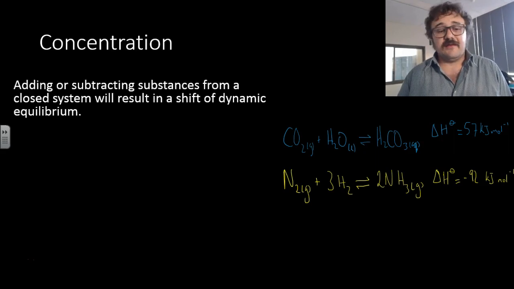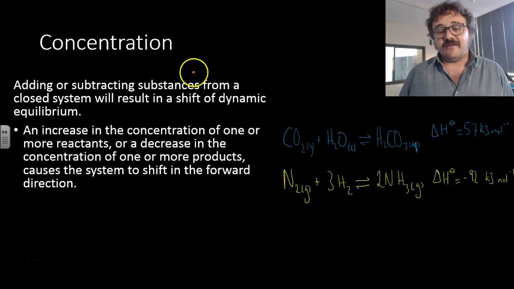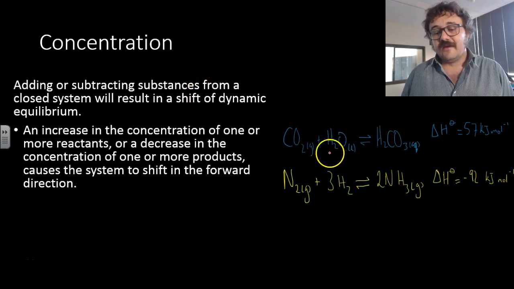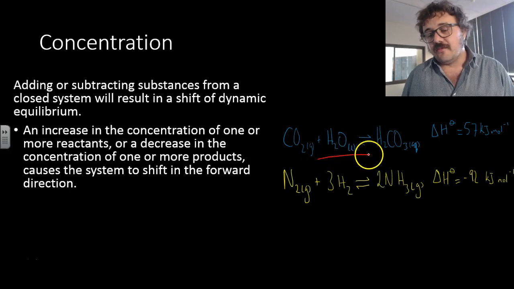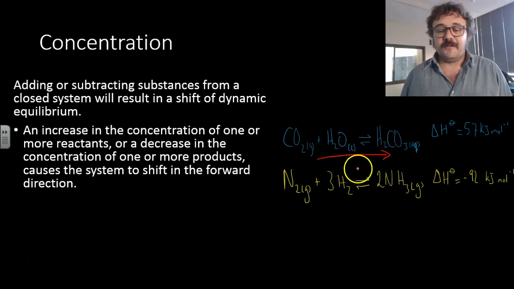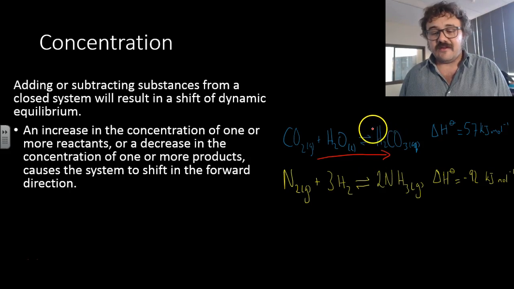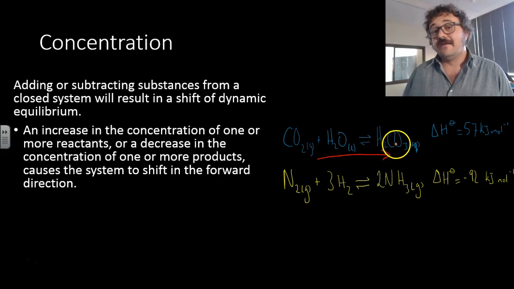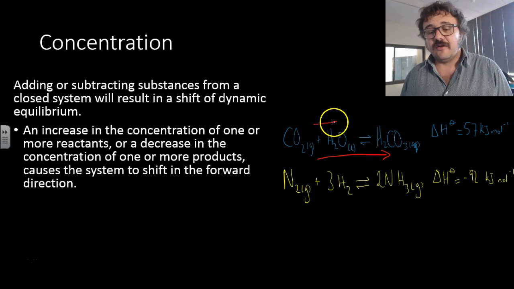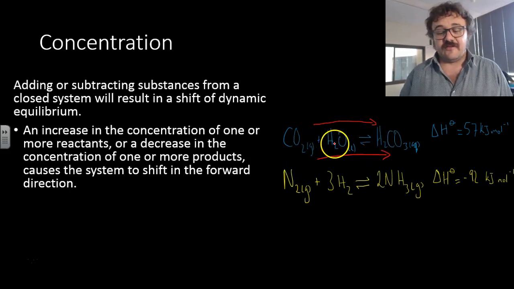Concentration has a big impact. If we add or subtract some of the reagents, whether they be products or reactants, it results in a shift of dynamic equilibrium, and it will go in the opposite direction of what you've added. So if you add carbon dioxide, increasing the concentration of one of the reactants, the equilibrium will move this direction. If we decrease the amount, so if we take out some of the carbonic acid, it will also go this way, because as this is removed, that will increase the concentration over here.